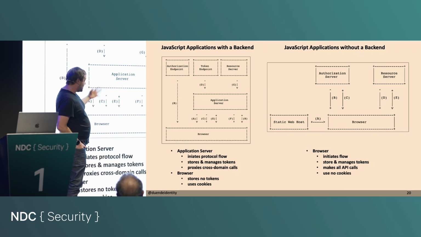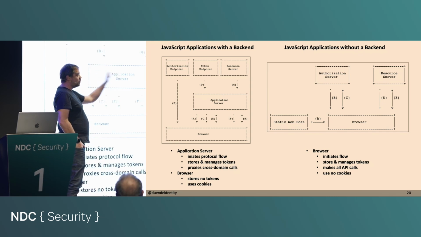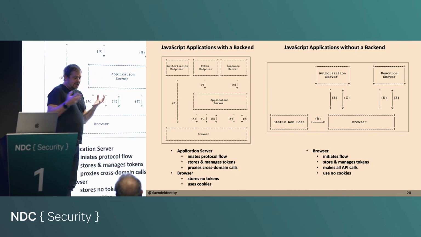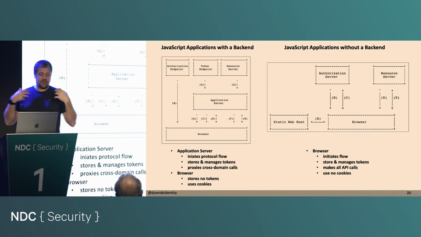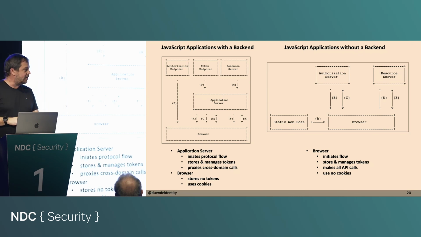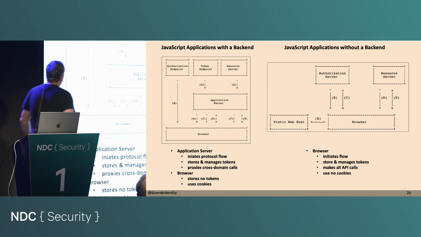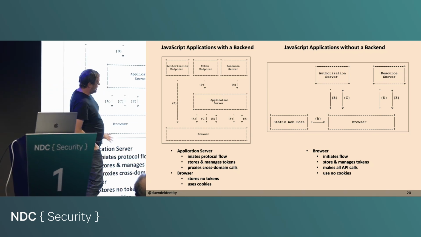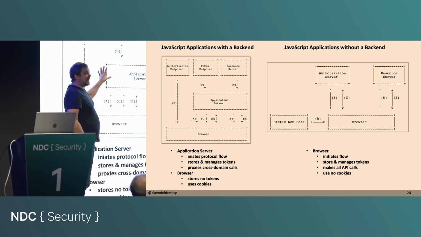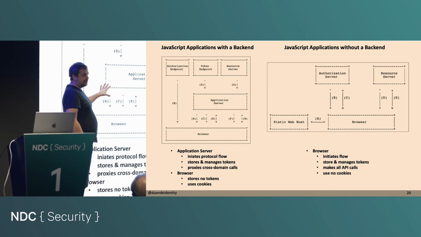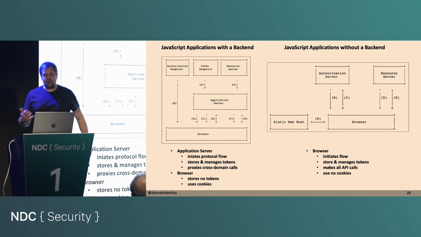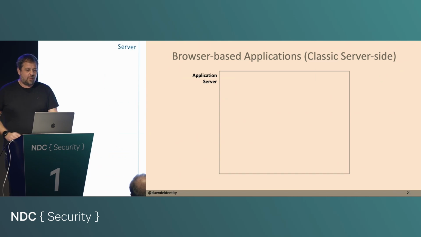So the JavaScript does not make API calls directly to the APIs anymore. It is using the application server, which has the tokens and manages them, to forward these calls, right? And that is what many people in the security space call a backend for front-end architecture. Yeah?